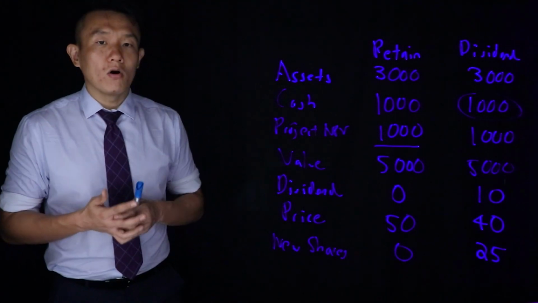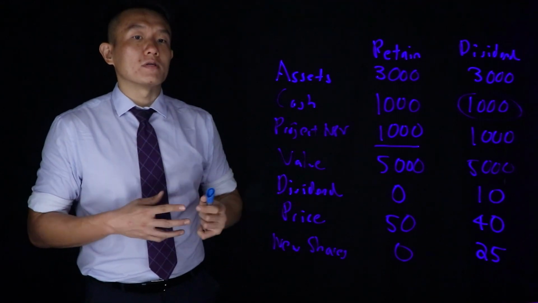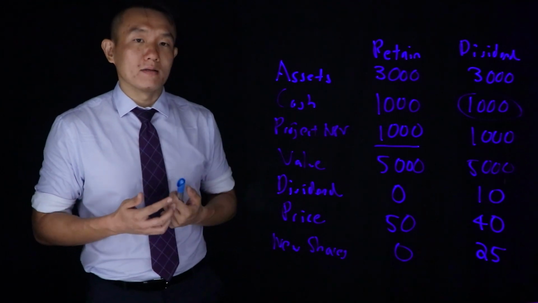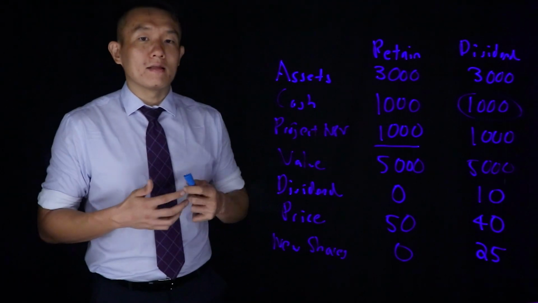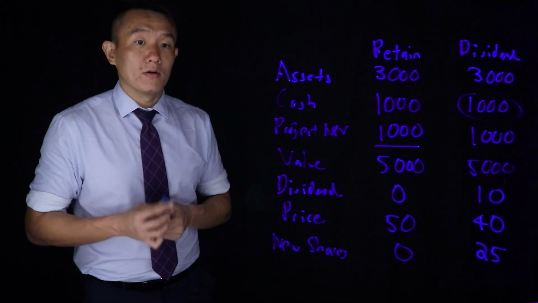So just like with the homemade leverage example, if shareholders do not like the firm's payout policy, they can replicate their desired payout policy by selling shares on their own.